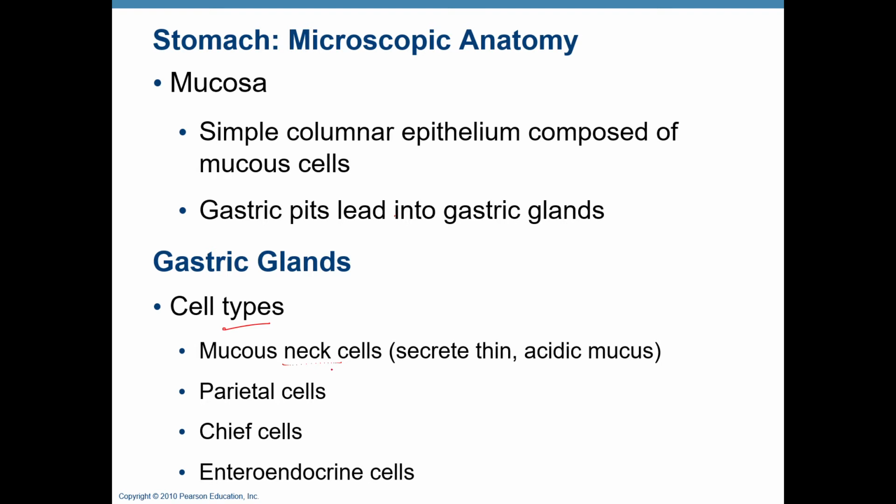These are the cells that secrete thin acidic mucus. That's why called mucus cells. Then parietal cells, chief cells, and enteroendocrine cells. Parietal cells secrete hydrochloric acid, and chief cells secrete pepsinogen.